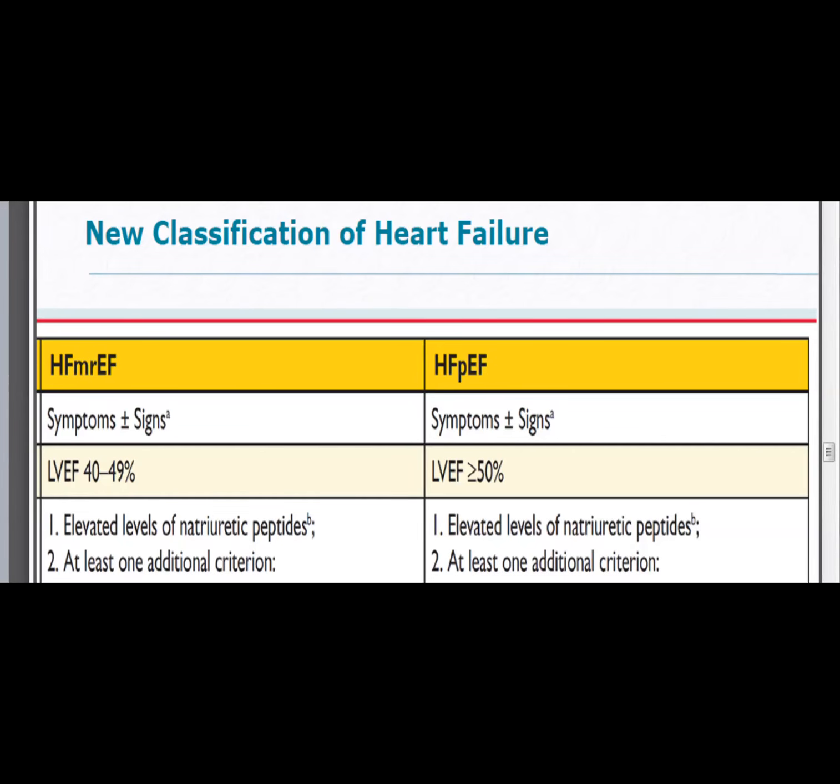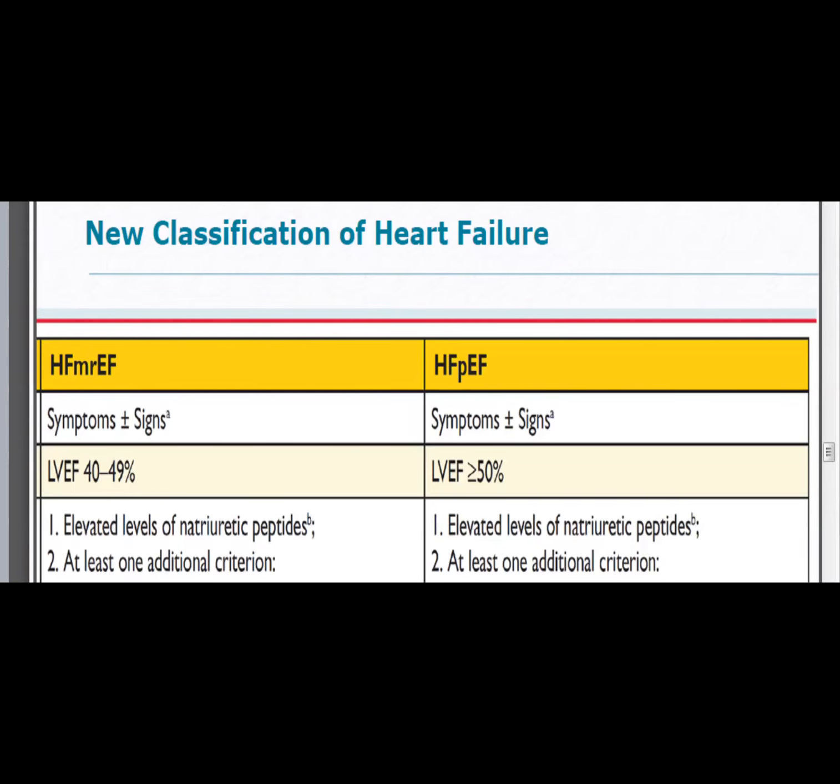So we have to start with clinical context. We don't start from nowhere. We have to have clinical features of heart failure. Then we come to the ejection fraction and see where we stand: less than 40, or between 40 and 50, or more than 50.